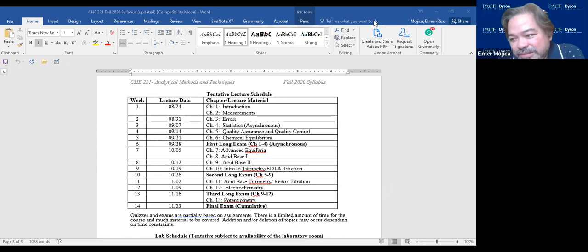Because as much as possible, I don't want to use the Respondus. The final exam might just be on Blackboard, and it might just be multiple choice, or there could be a calculation, but you just submit the final answer.